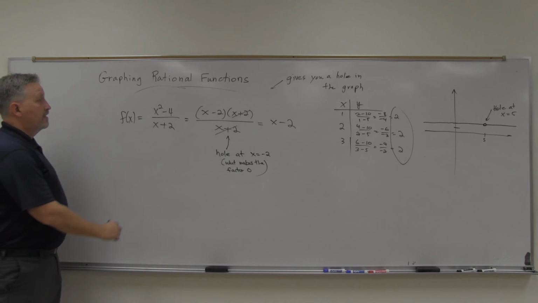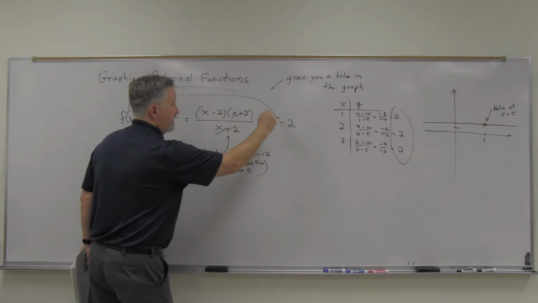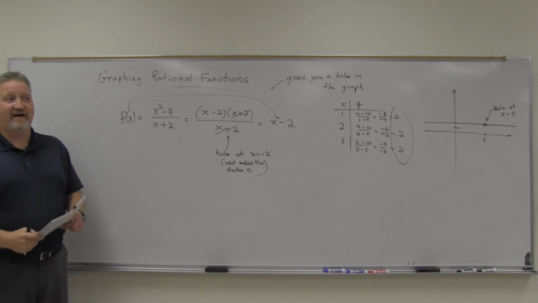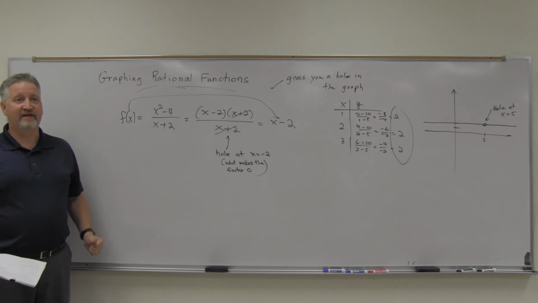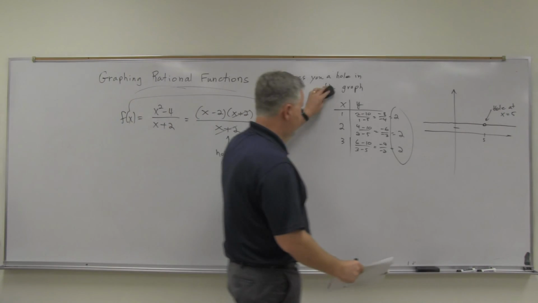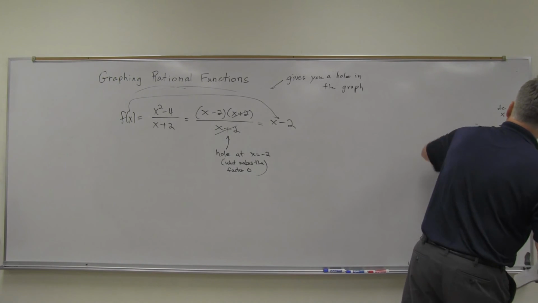But now look at what I've got left: f of x equals x minus 2. What kind of graph is that? It's just a line, isn't it? A y equals mx plus b line, except it's got a hole in it.